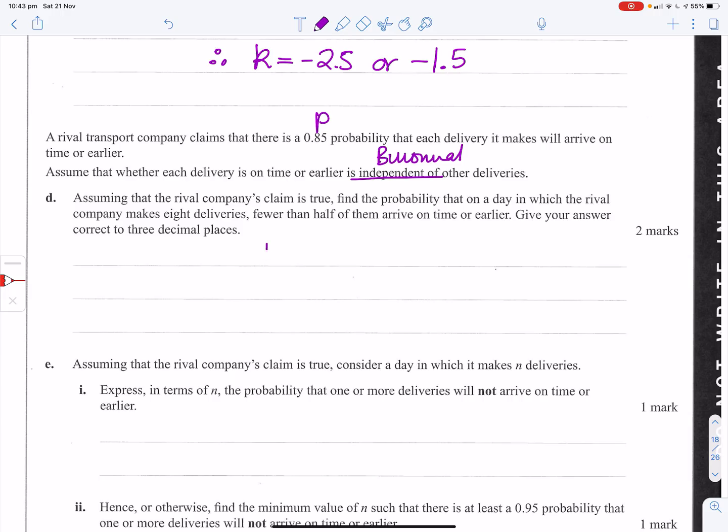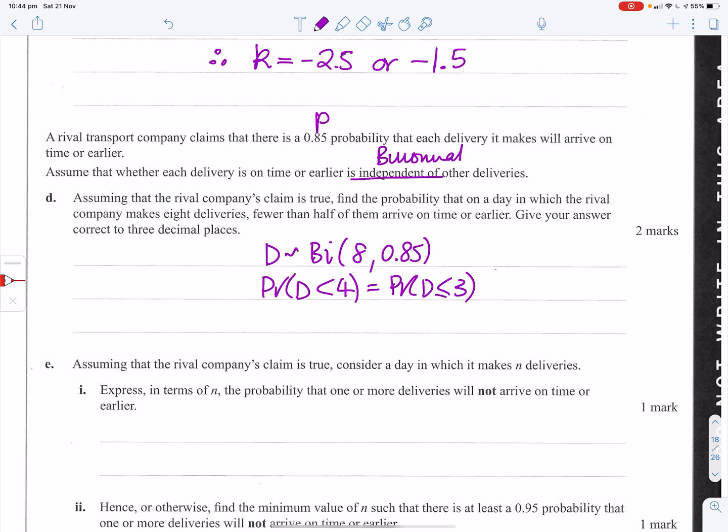Okay, so let's say D for delivery is binomially distributed with 8 deliveries and a 0.85 chance of being delivered on time. The probability that D is less than 4 is the probability that D is less than or equal to 3.